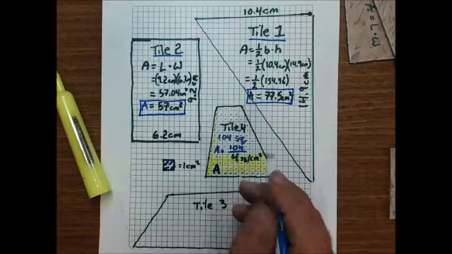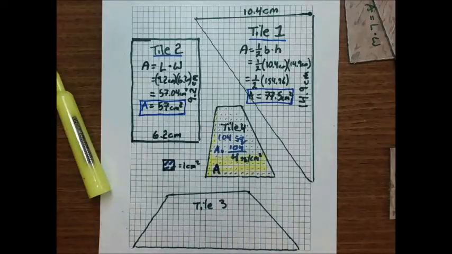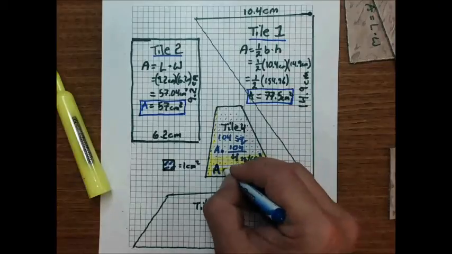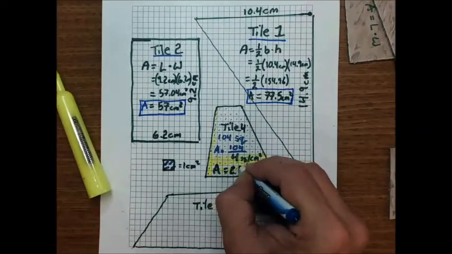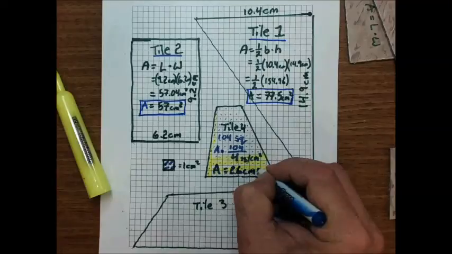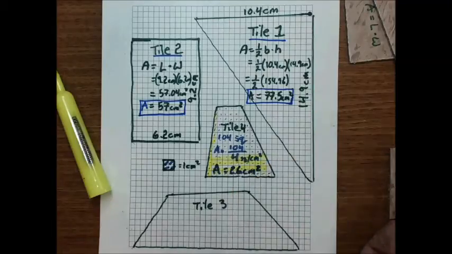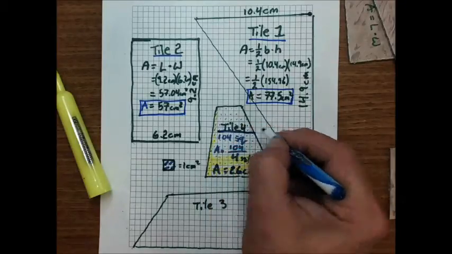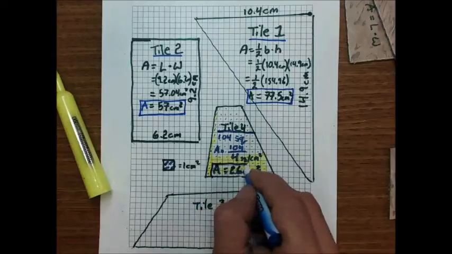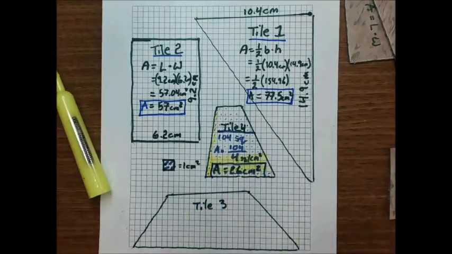So I do that math, and I get area is equal to 26 centimeters squared. So for tile 4, the area is 26 centimeters squared.